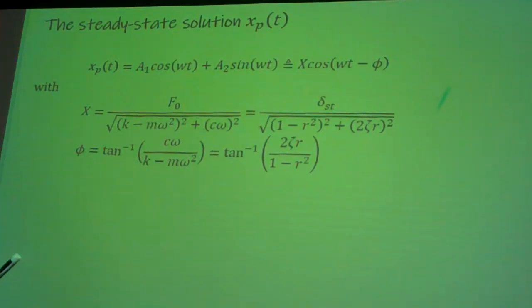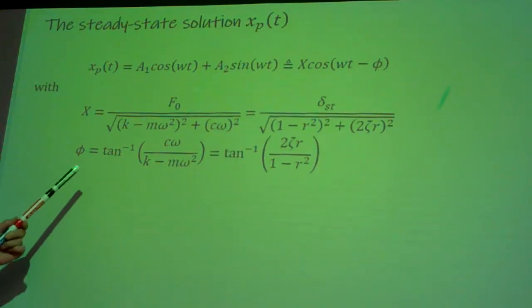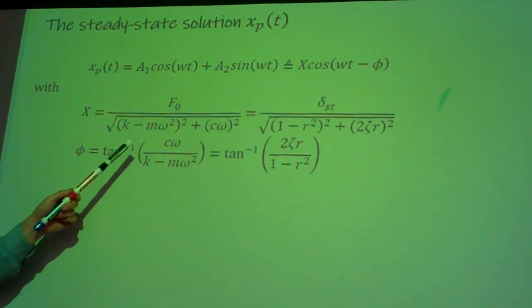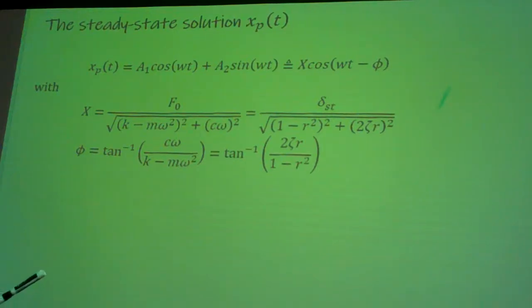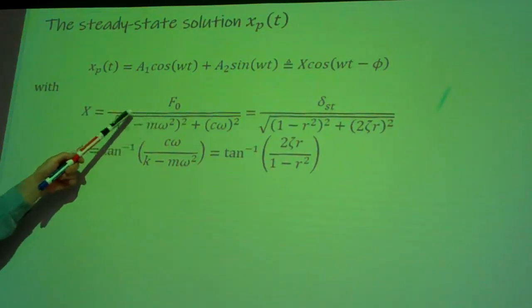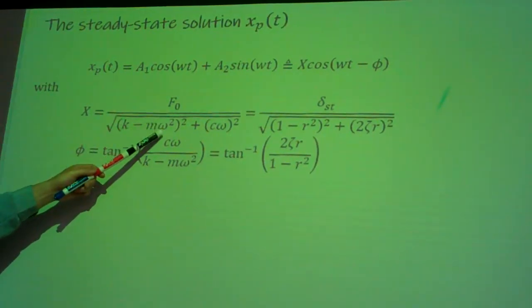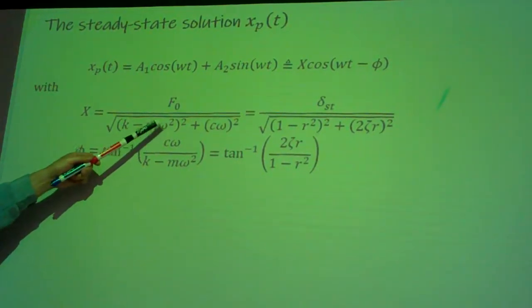But before doing that kind of rigorous thing, I think it is more important for you to do the homework or the exercise, because you're going to base upon the result and just proceed. Right? Let's look at this one. So basically, the capital X is a function of those numbers, and F naught.